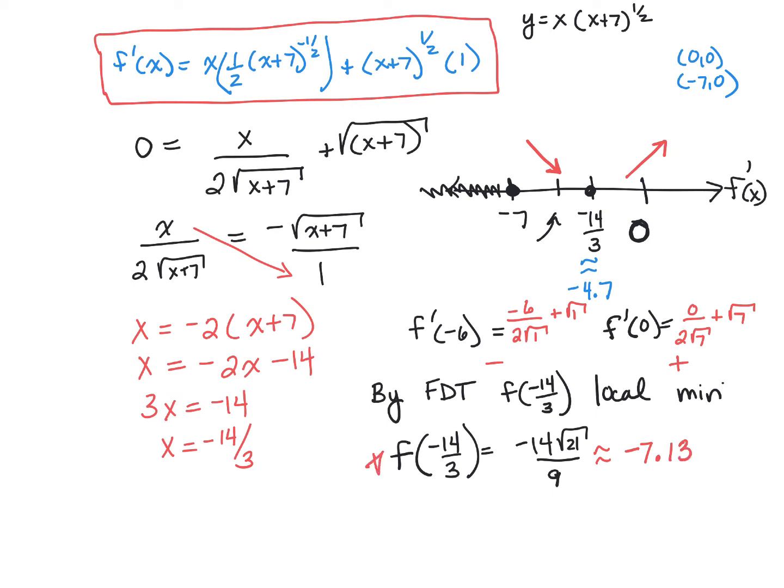Keep in mind, I'm plugging this into the original function up here at the top: -14/3 times the square root of (-14/3 plus 7). Okay, so we have one more ordered pair, (-14/3, -14 root 21 over 9), and this is a minimum.